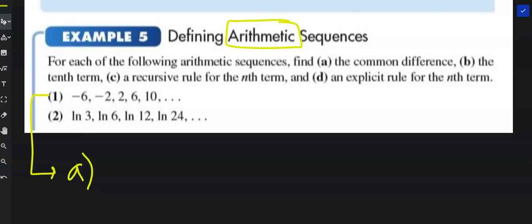No. Any term you want, minus the previous one. I just randomly picked those two because they're positive, because it was a nice number that you could probably easily see.